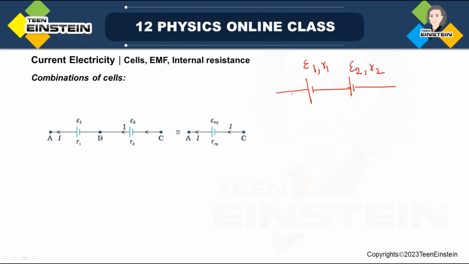Now if we connect this to some circuit, let us derive the potential difference.